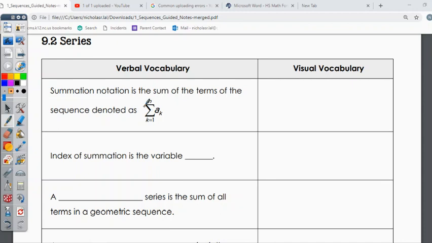Okay, so your sigma notation with k equals 1, that's going to be your index. The top term is called the stopping number, and then a_k is all terms a in a sequence.